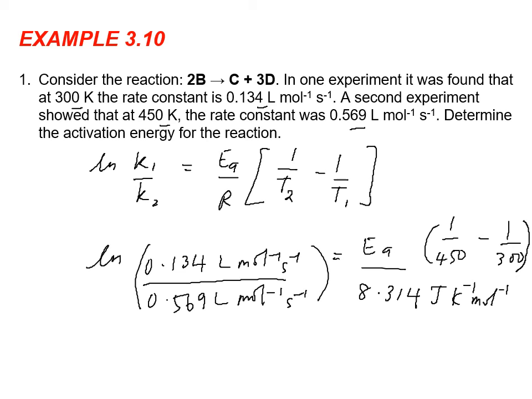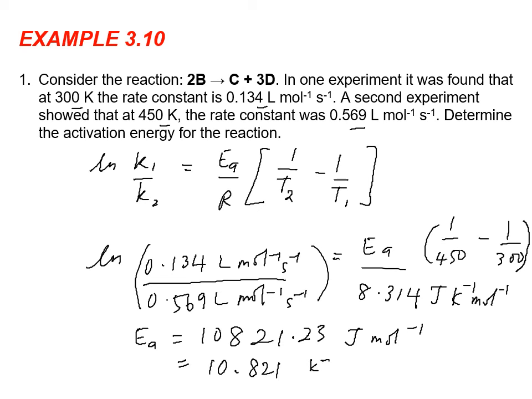You're going to do a bit of calculation using your calculator, and the final answer would be 1081.23 joule per mole. Then we convert it into kilojoule because activation energy has the unit of kilojoule per mole, so it is 10.81 kilojoule per mole. This is the final answer.